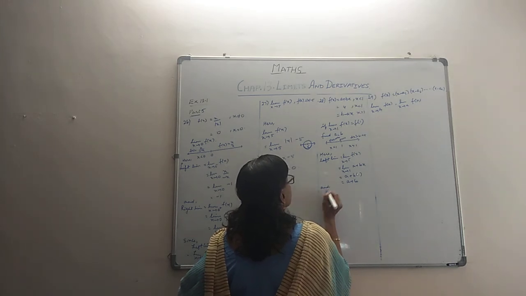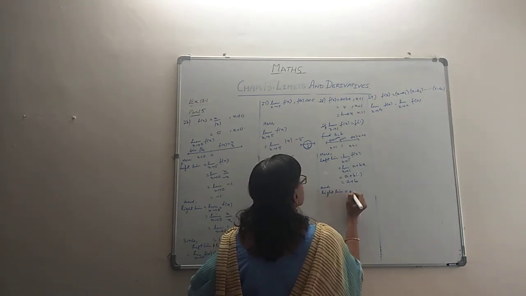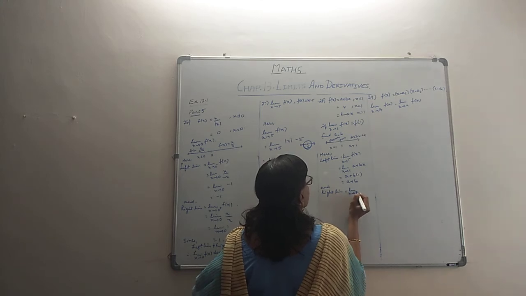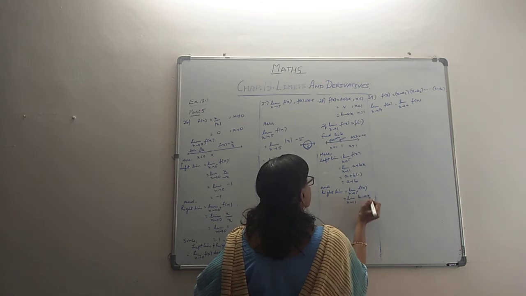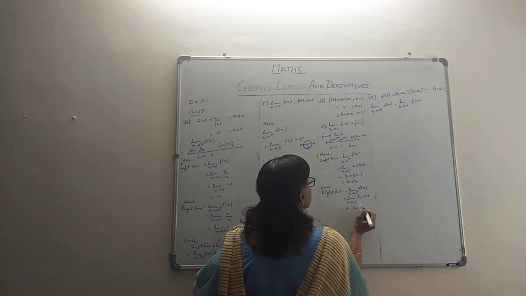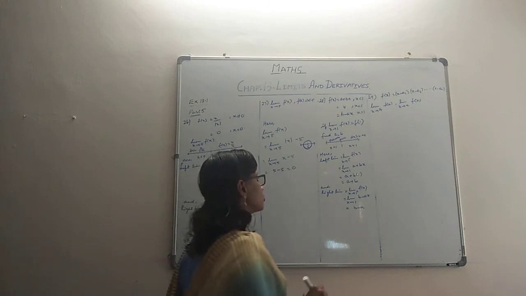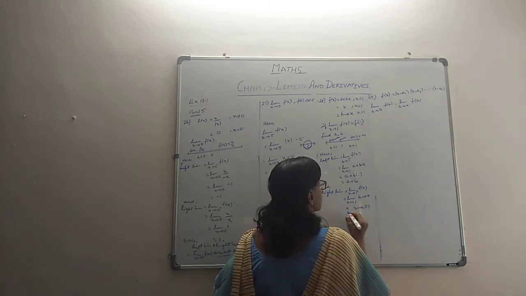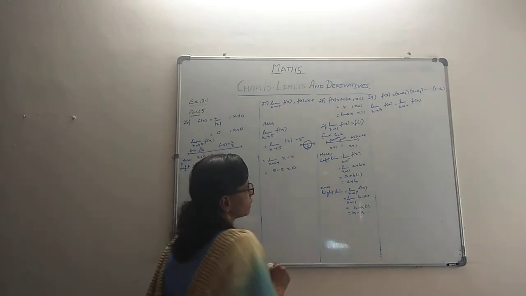And then the right limit. The right limit is the limit as x tends to 1 plus of f of x, that means limit as x tends to 1 from the other side, b minus ax. So you substitute, b minus a into 1, but that is a itself. So if you want you can write it, but by this time we have become experts. So b minus a. That way you've got the left limit and right limit.